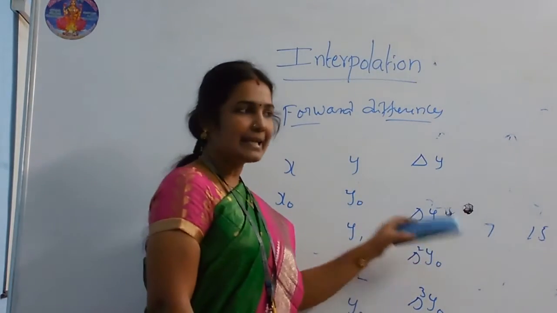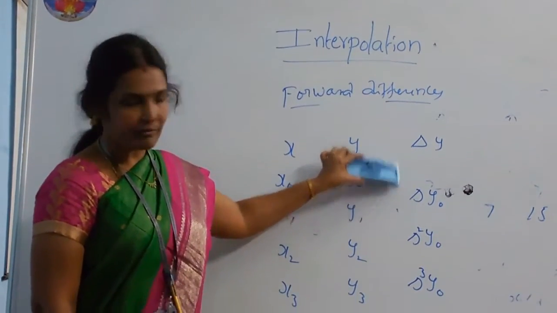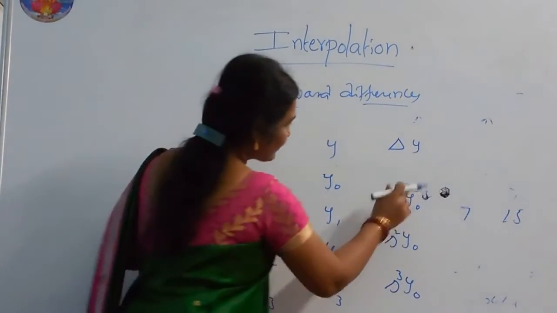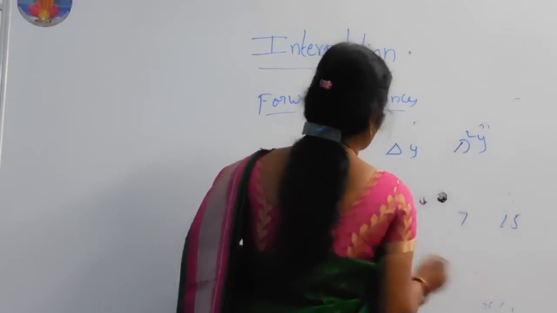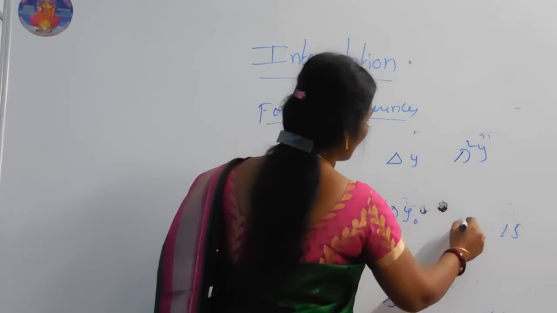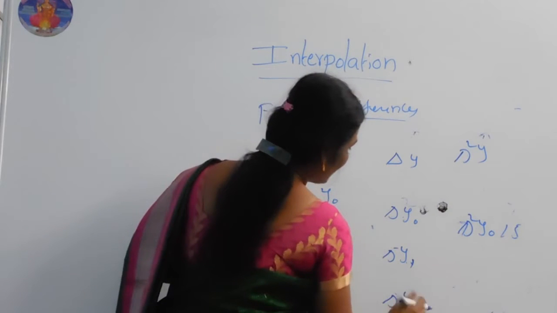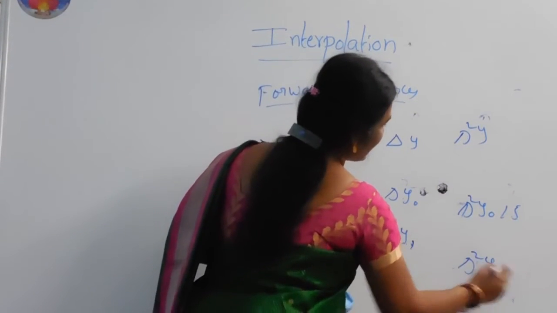And similarly, second forward differences can be formed by taking the differences of first forward differences. That means delta y1 minus delta y0 is delta square y0, and delta y2 minus delta y1 is delta square y1.